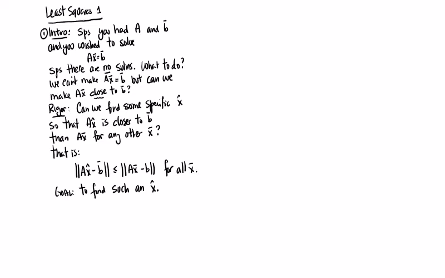Before we talk about how we can find such an X hat, because eventually we will, I want to make a comment about what it means for a matrix equation to have a solution. Other than the obvious, that you can plug in an X and get B, there's another way of looking at it.